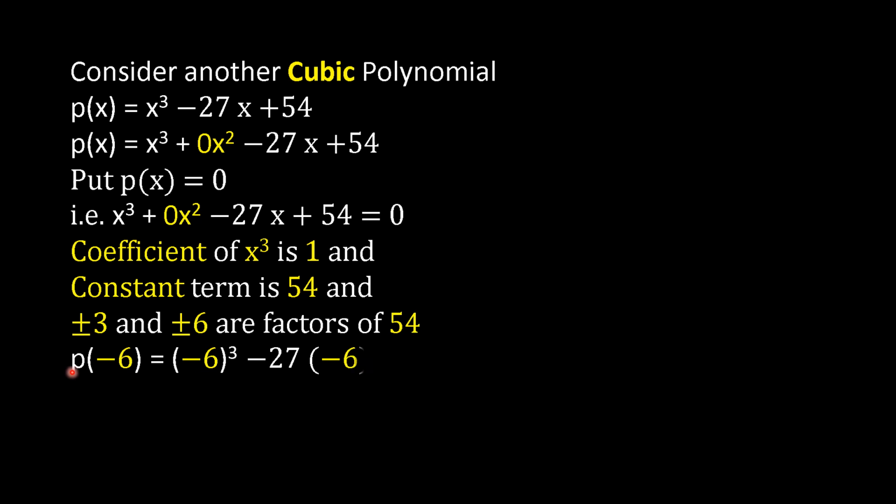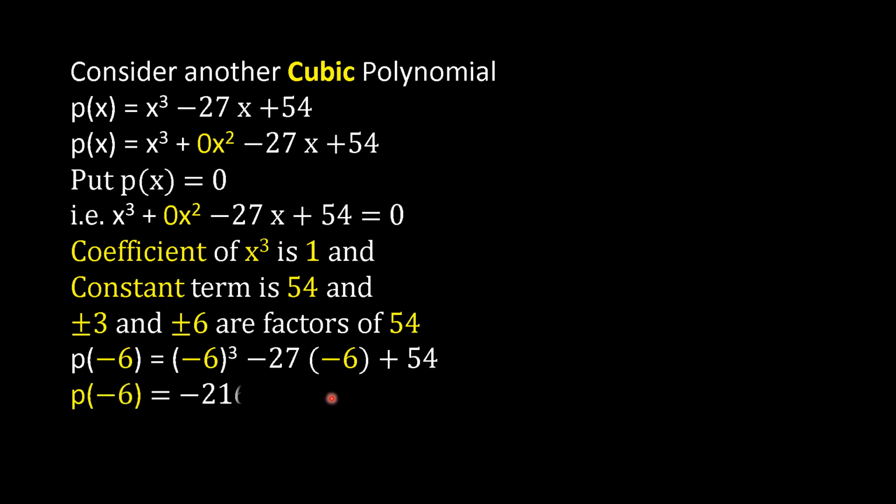So by trial and error, we will find P of minus 6, which will be minus 6 cube, by substituting minus 6 for x, replacing minus 6 for this x.